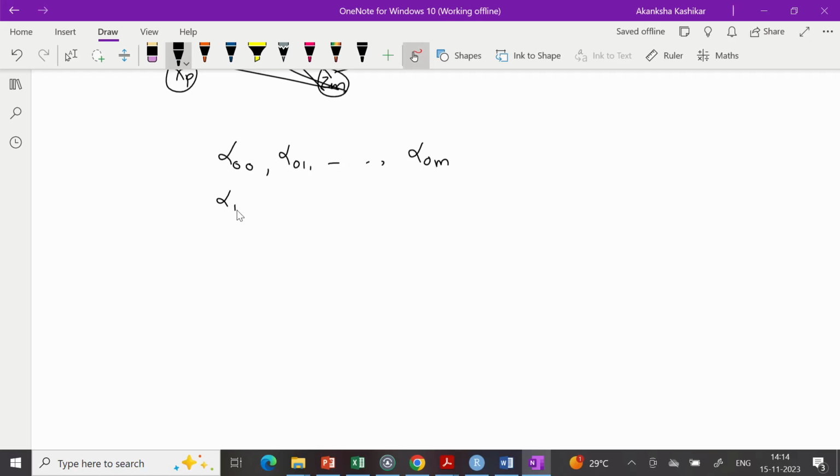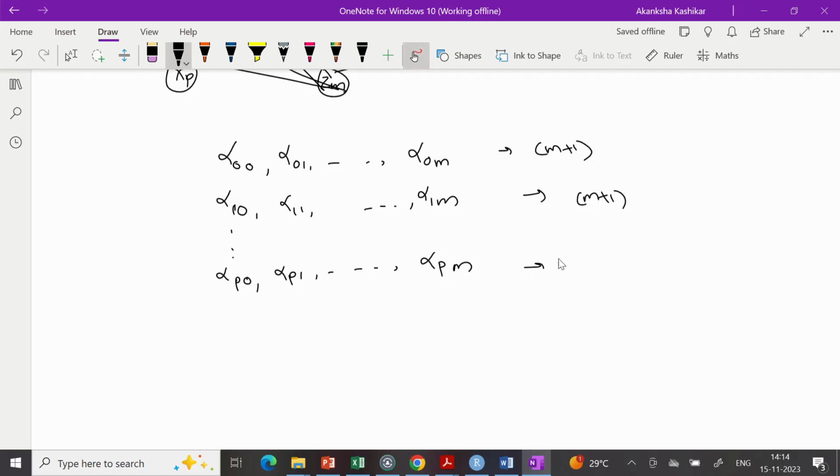Then I will have alpha 1 naught, alpha 1 1, alpha 1 m. Then similarly alpha p naught, alpha p 1 up to alpha p m. So here I have m plus 1 weights, again m plus 1 weights, m plus 1 weights. So in total we have p plus 1 into m plus 1 weights. These are like the parameters of this neural network.